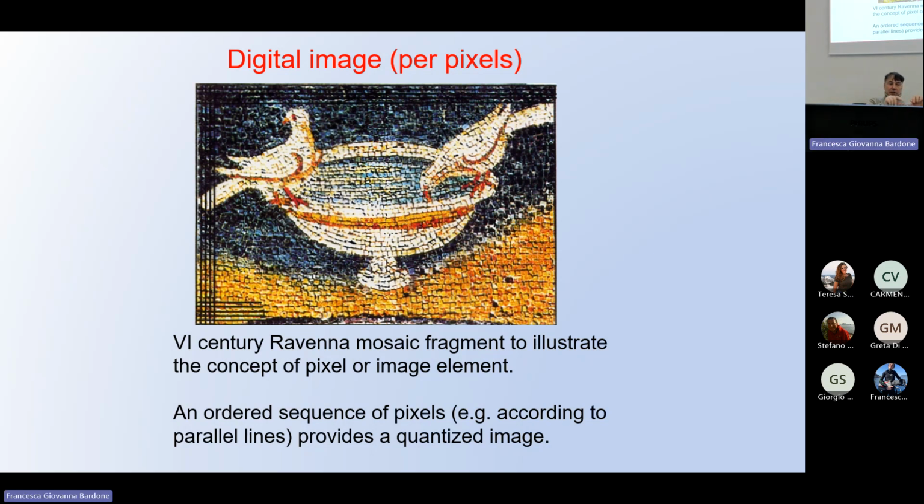Mosaic tessera, a second line, and after a certain amount of lines, you have created an image. So the image of mosaic tessera is a digitalized image, a digital image, because it's made by tessera, or made by pixel. The screen of your tablet or your phone, whatever, is made by pixel.